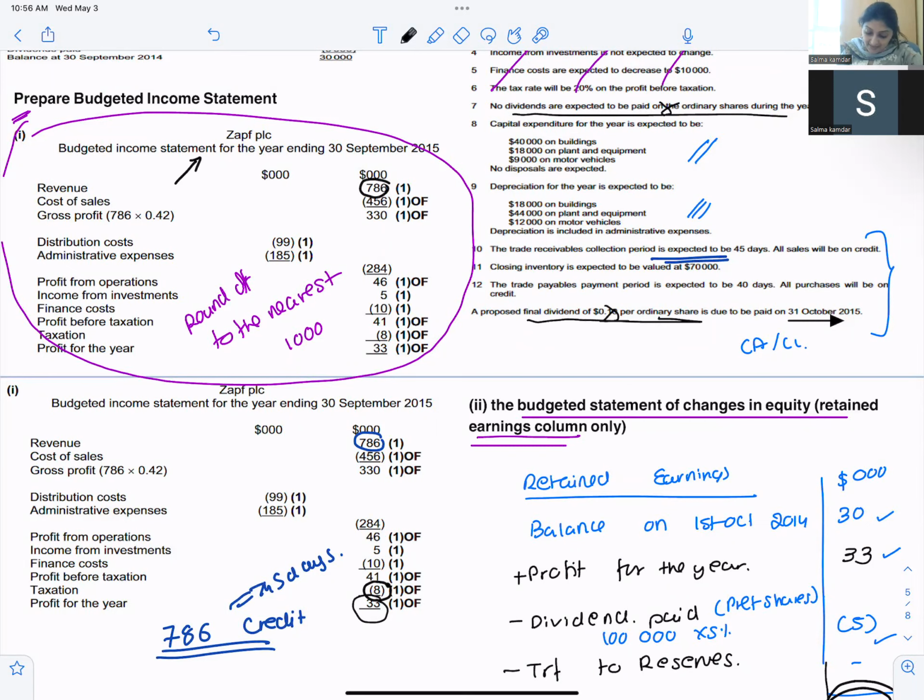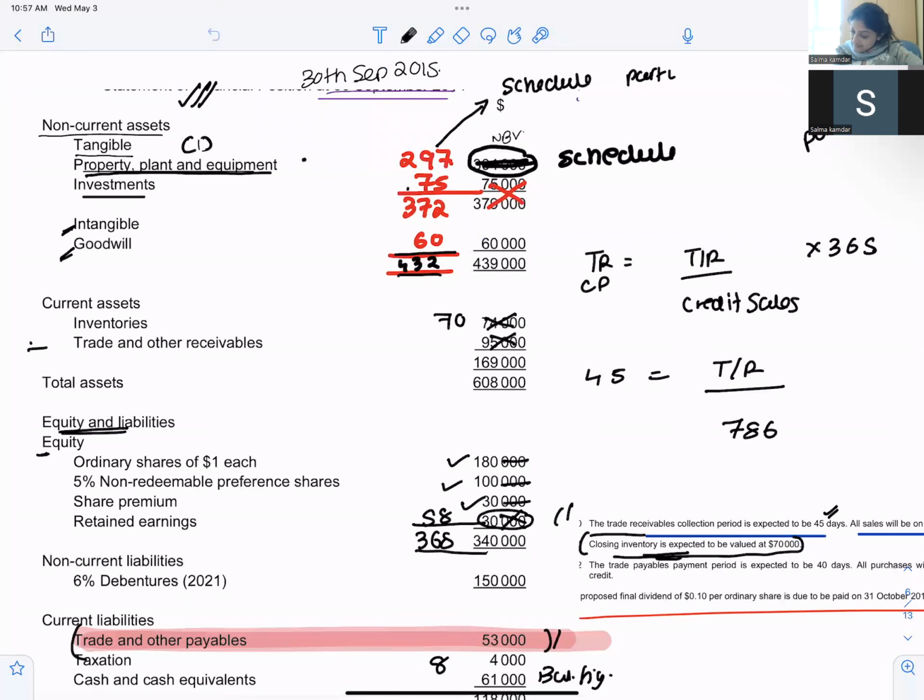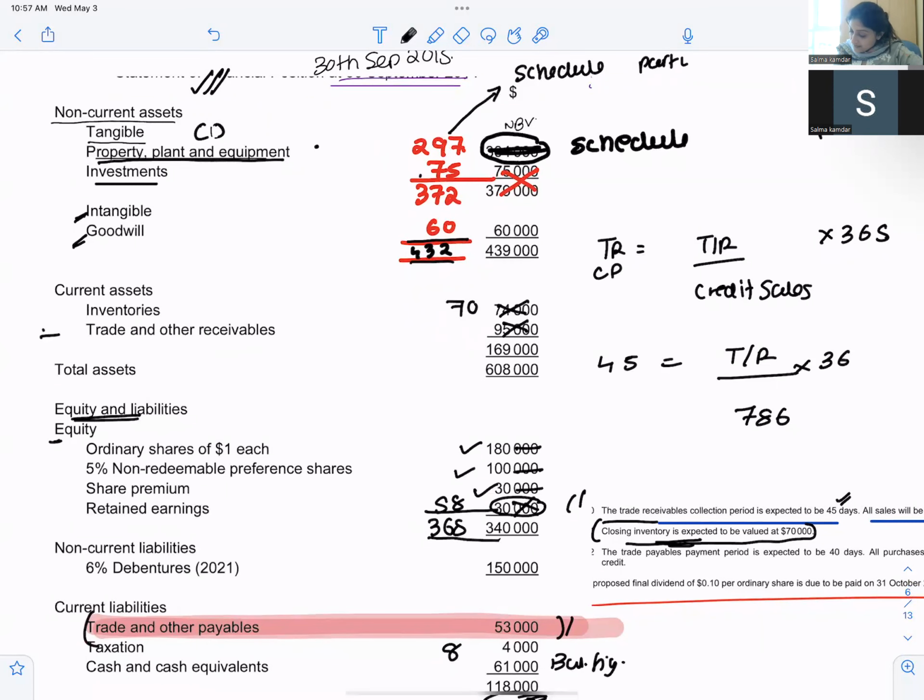So my credit sales is 786 into 365. So to get my trade receivables, I will do 45 into 786 divided by 365. When I calculate 45 into 786 divided by 365, it is coming up to 96.9. I have to round it off to the nearest thousand, so it will become 97,000.